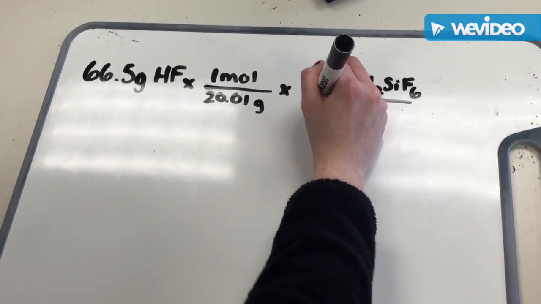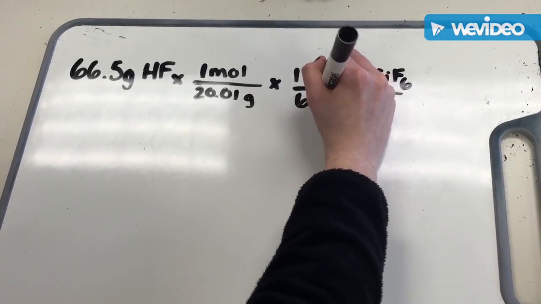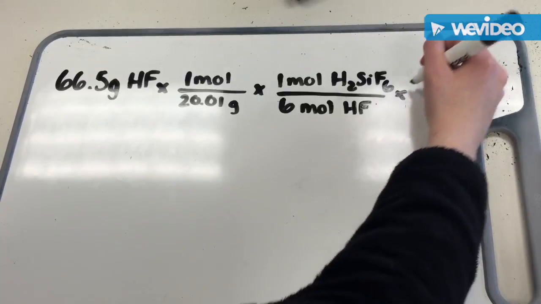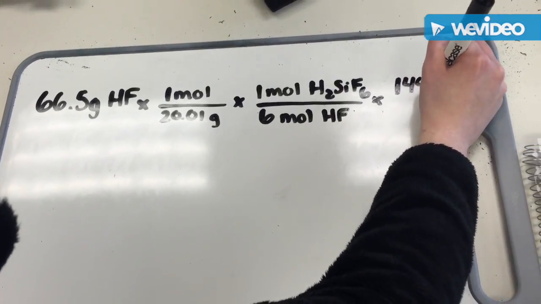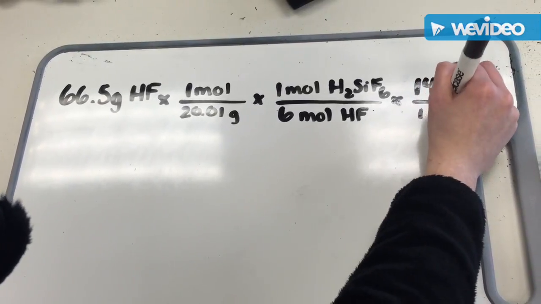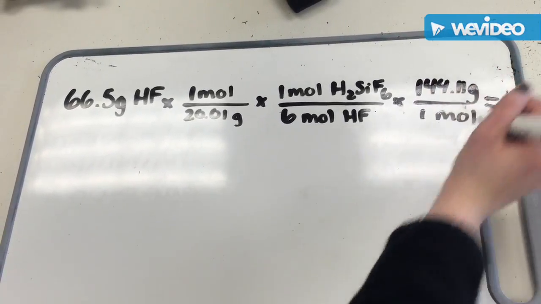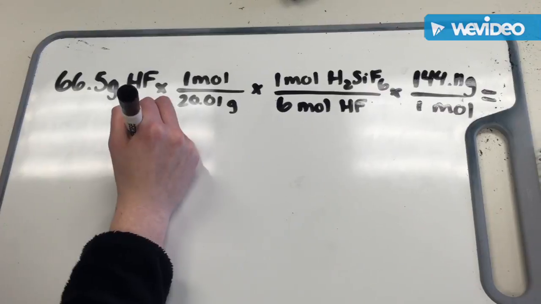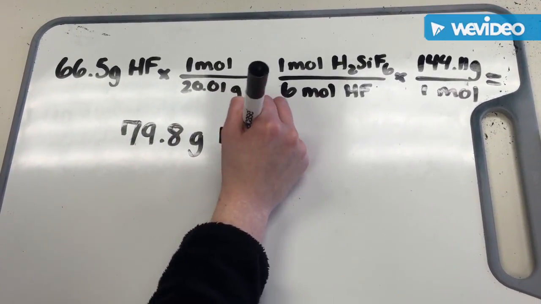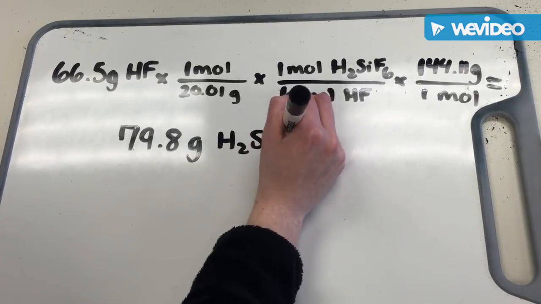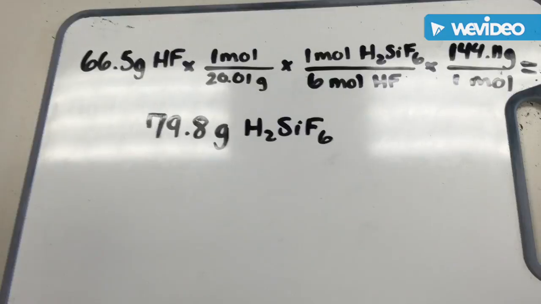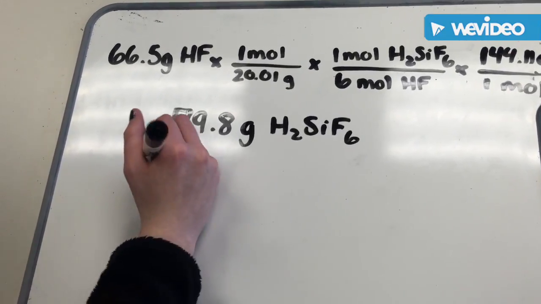So we did the same conversion factor and the same mole-to-mole ratio, and then we're going to do another conversion factor back to grams. So we ended up with 79.8 grams of H2SiF6. This is the theoretical yield.